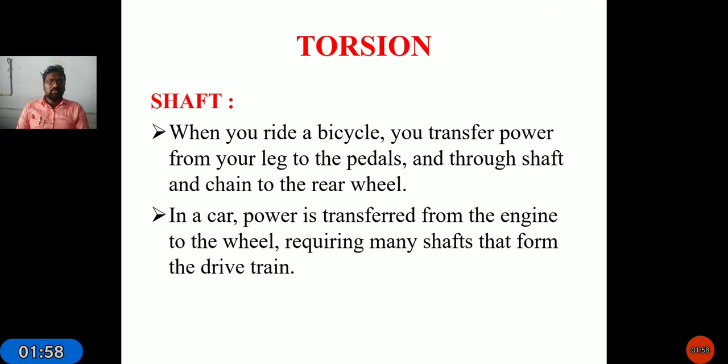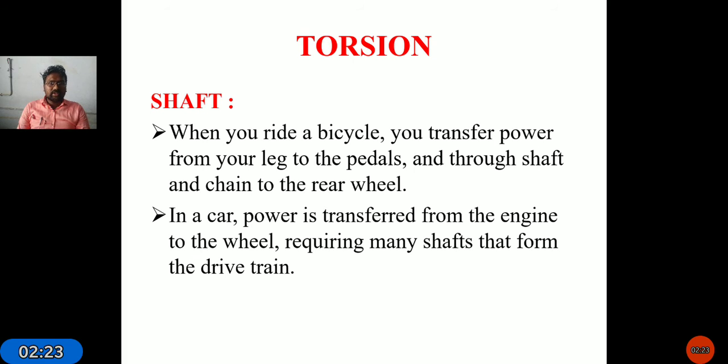Coming to torsion, before knowing what torsion is, we need to discuss what a shaft is and where it is used. A shaft is a mechanical element. It is used mainly in the power transmission area. We need to transfer the power from one point to another point.